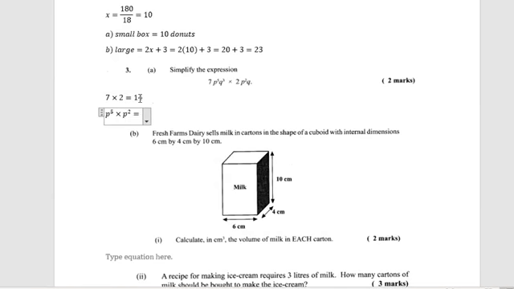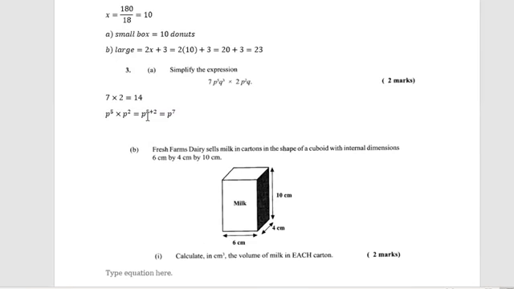For those who don't know, in looking at laws of indices, when you're multiplying powers that contain the same base, you're basically adding the indices, adding the powers. So it is p, and 5 plus 2, which is 7, so p to the 7th power for the p's.